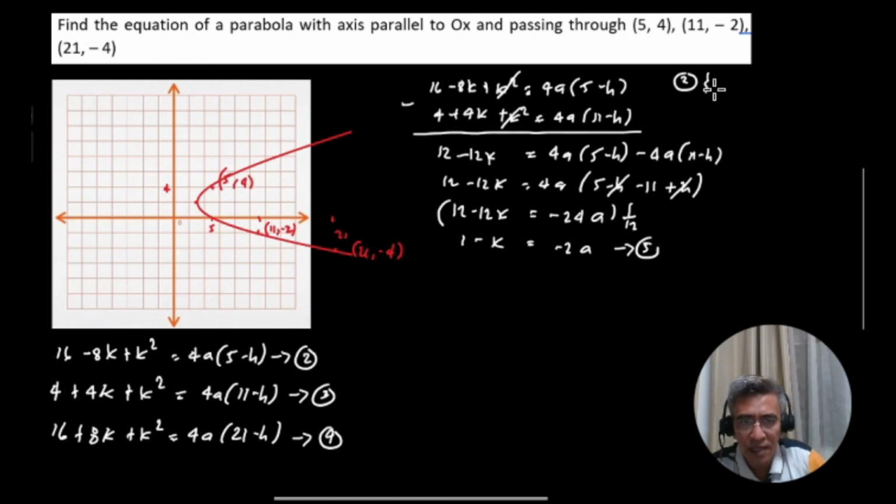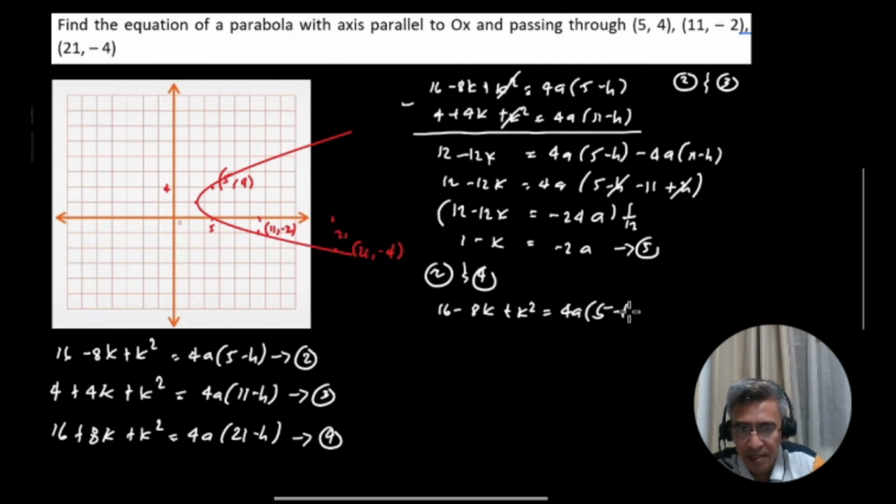Now using equations 2 and 4. Equation 2 is 16 minus 8k plus k squared is equal to 4a times (5 minus h).